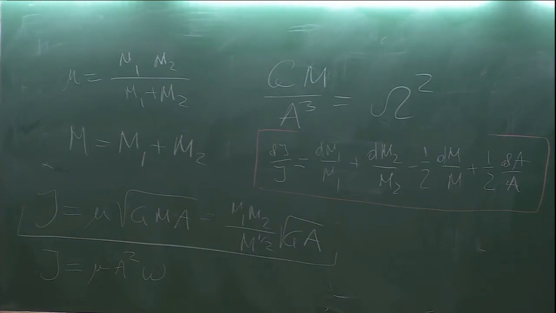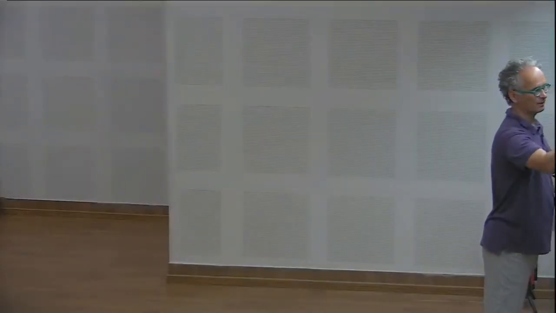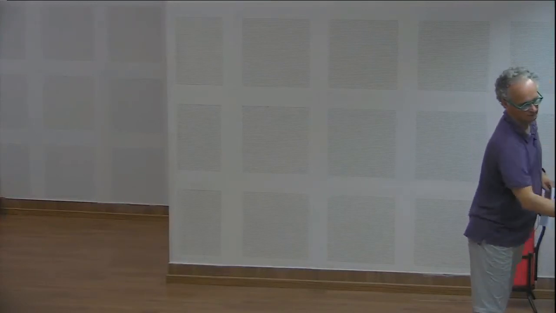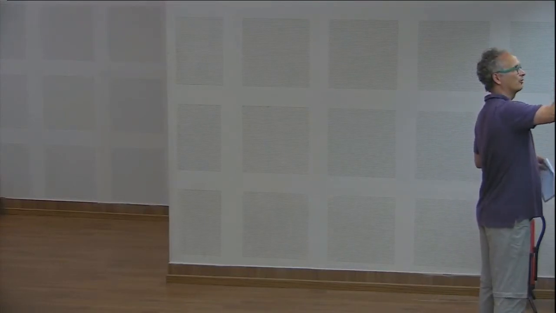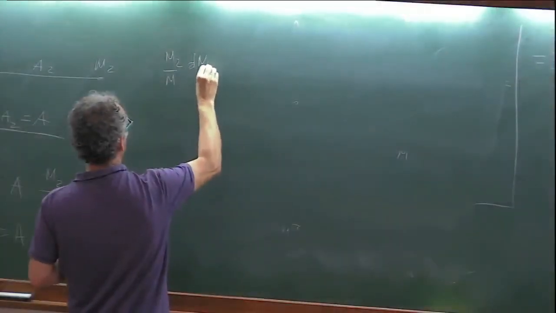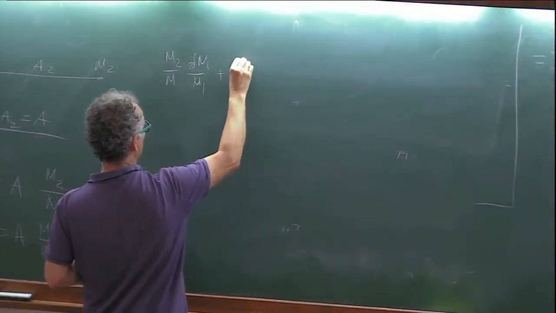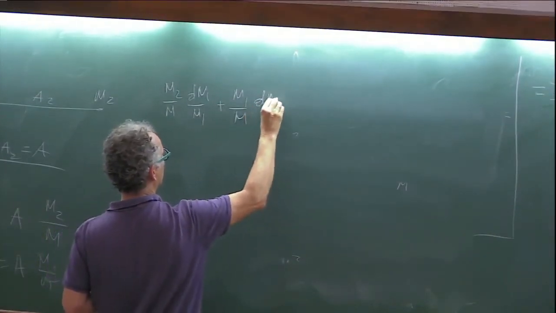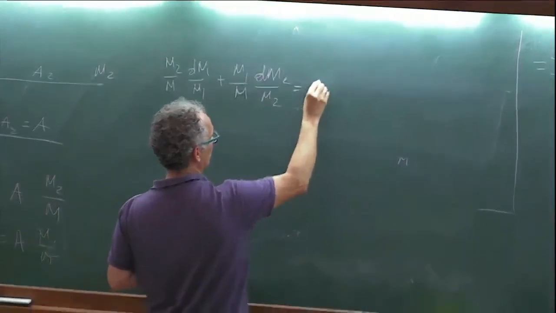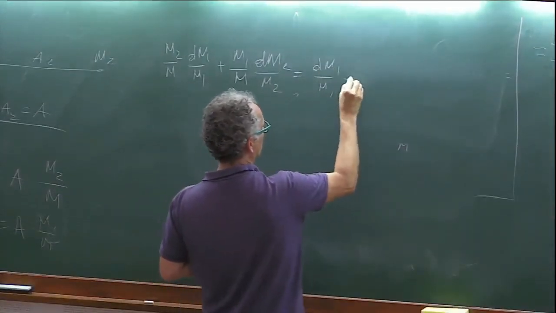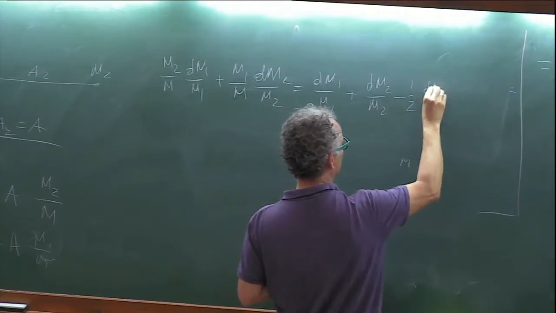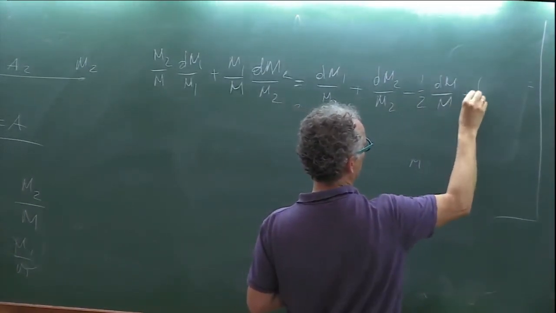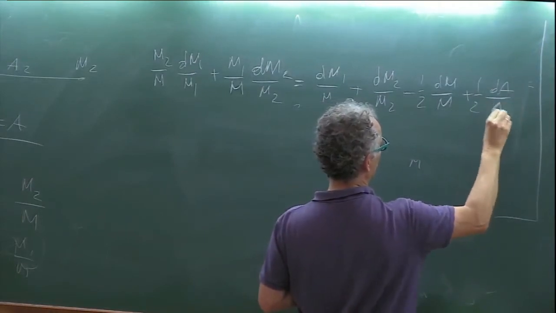From this, we'll obtain m2 over m dm1 over m1 plus m1 over m dm2 over m2 is equal to dm1 over m1 plus dm2 over m2 minus 1/2 dm over m plus 1/2 dA over A.